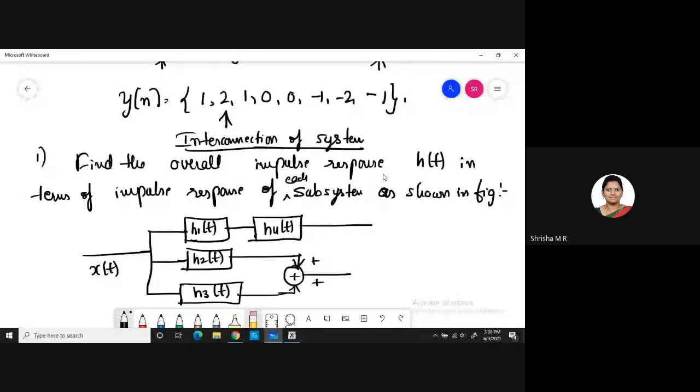Now you are adding these two, with a minus sign here, and you have h5 of t, which is equal to y of t. Can you write the equation for this h of t? What do you get?